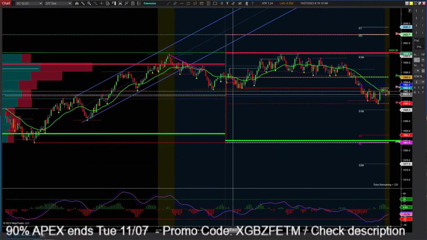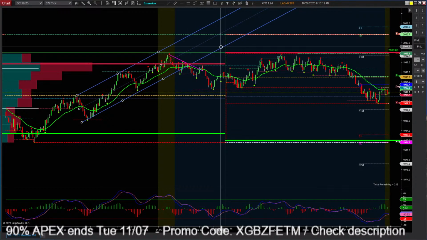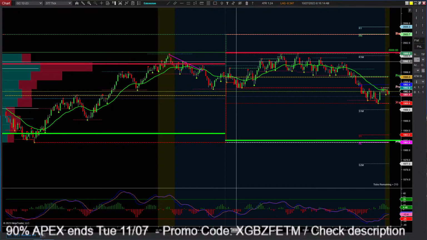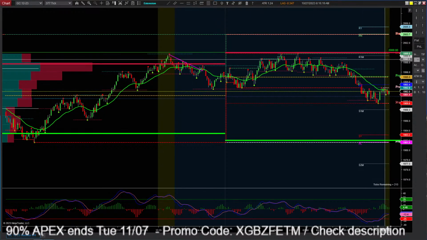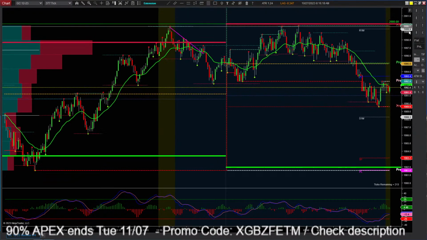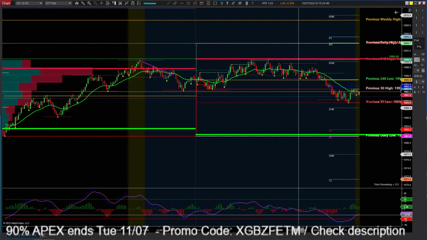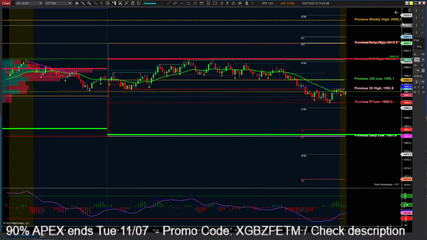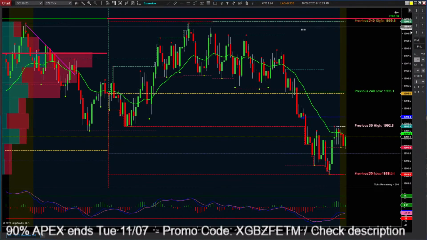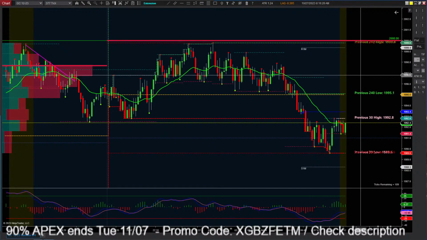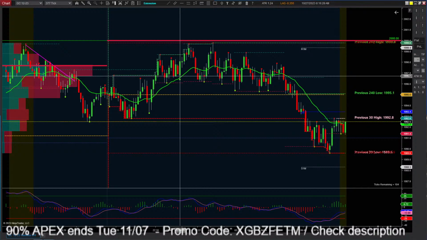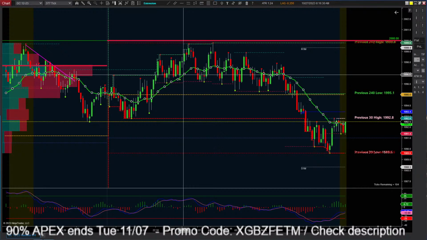This one is a very simple chart. I'm looking at this tick chart in the same way that I look at the other. What I do have here is the 21 EMA. Is it the EMA? Yes.